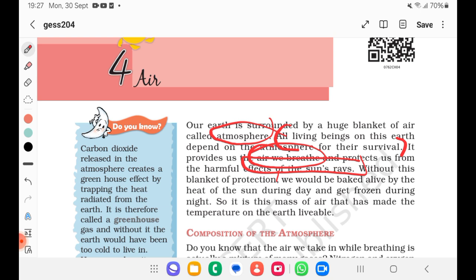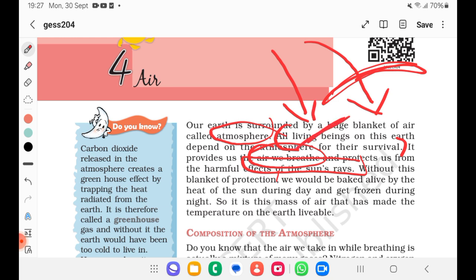If there is no blanket of air, direct sun rays will enter the earth. If there is no atmosphere, it will heat up the earth too much in the morning, and at night everything will be re-radiated to the sky, so the earth is frozen.